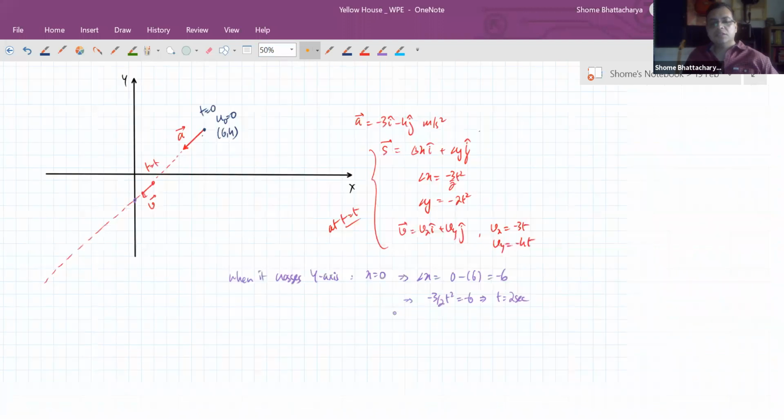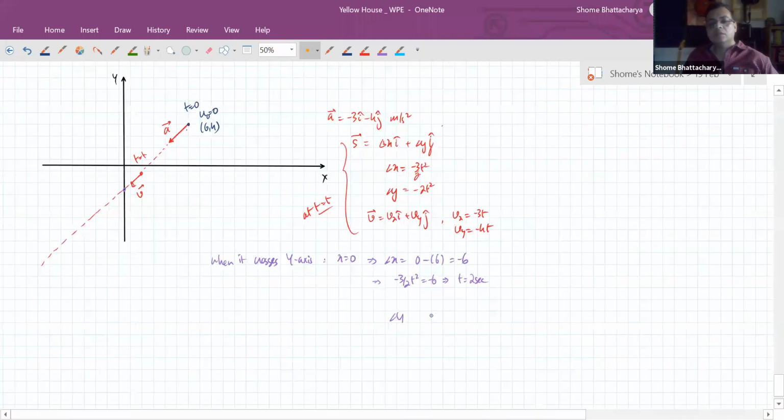And from that, you can also see that the change in y coordinate is going to be minus 2 into 2 square, so minus 8 meters. So my final y coordinate will be the initial y coordinate, which was 4, plus the change in y coordinate. So it's going to be 4 minus 8, or minus 4.